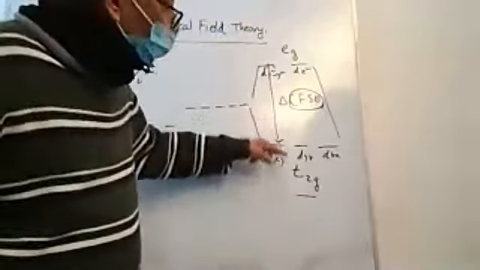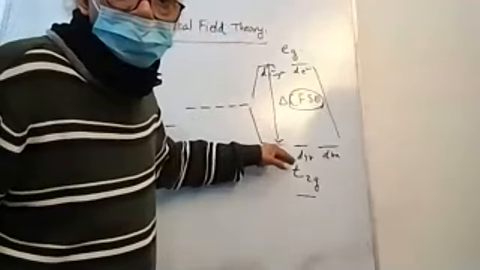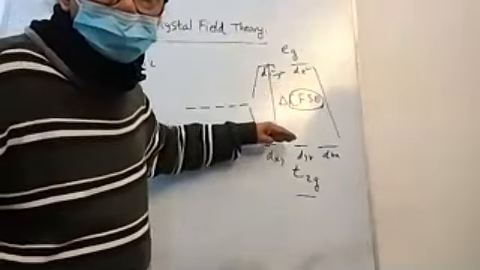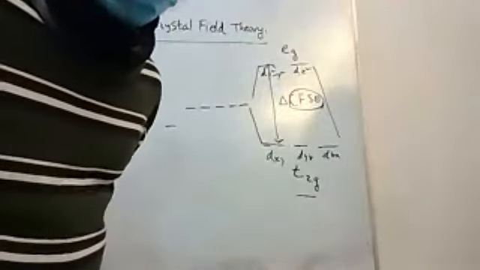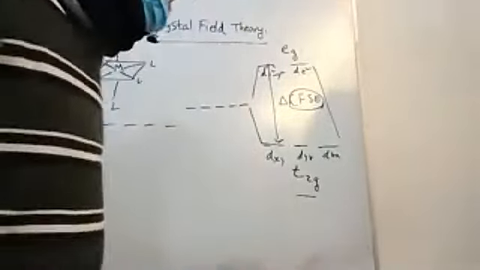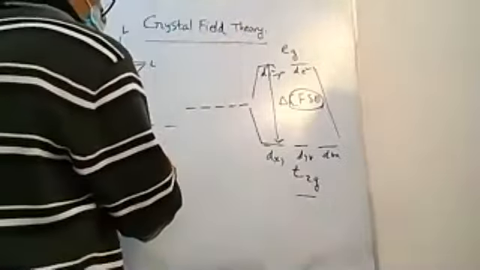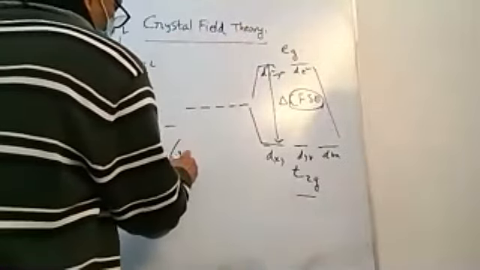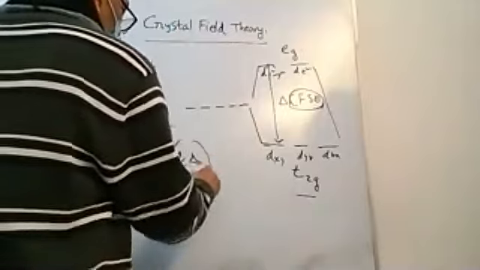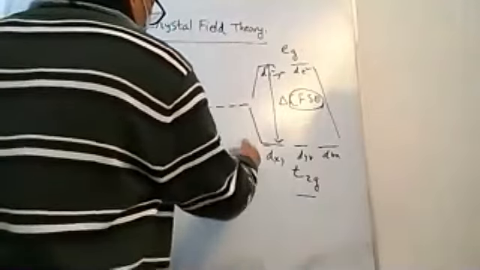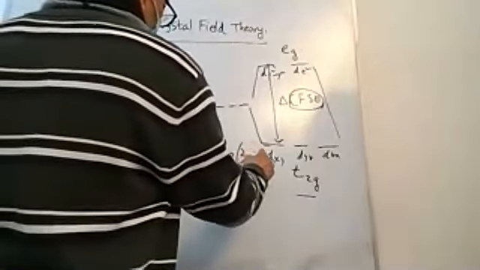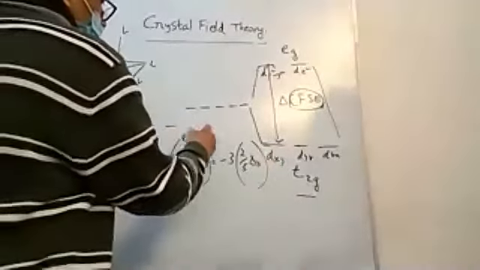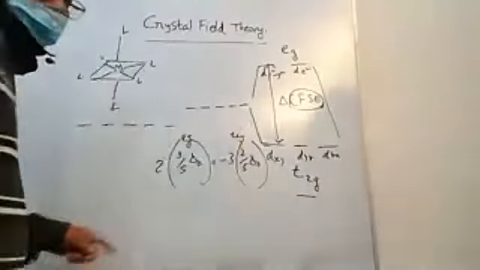So when you're lowering 3 orbitals and increasing the energy of 2 orbitals, that lowering of energy must be exactly equal to the increase. So we can say that 2 times 3/5 delta 0 must be equal to 3 times 2/5 delta 0.